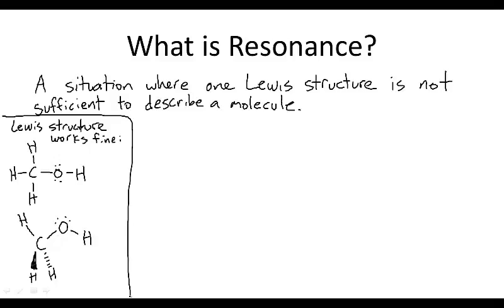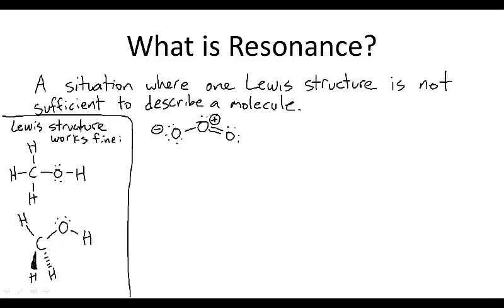So a classic example of that would be the molecule ozone. So this is ozone. It's the thing up there in the ozone layer that protects us from UV rays. That molecule ozone is a situation where one Lewis structure doesn't work very well.